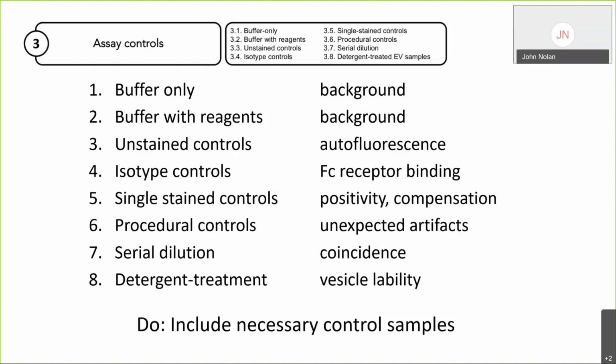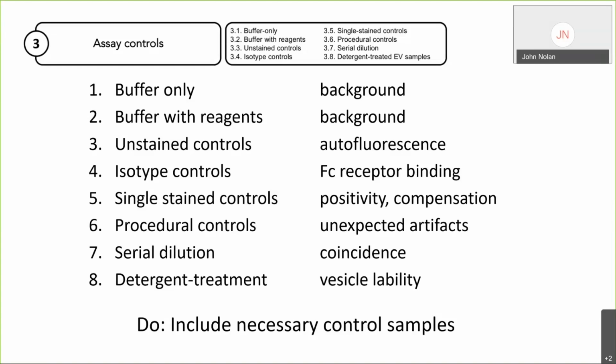If we're going to do immunofluorescence, which is going to be our main tool for assessing cargo of vesicles, there's a whole set of controls that parallel what you would need to do for flow cytometry of cells. You want to be able to assess autofluorescence by measuring an unstained sample, because some receptors will bind to antibodies by their FC portion, that is, they are actually antibody receptors.